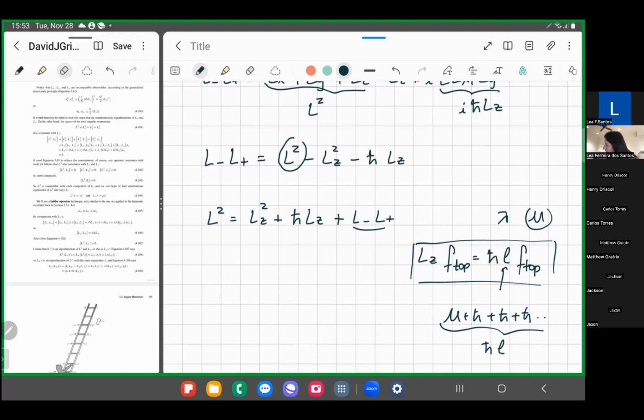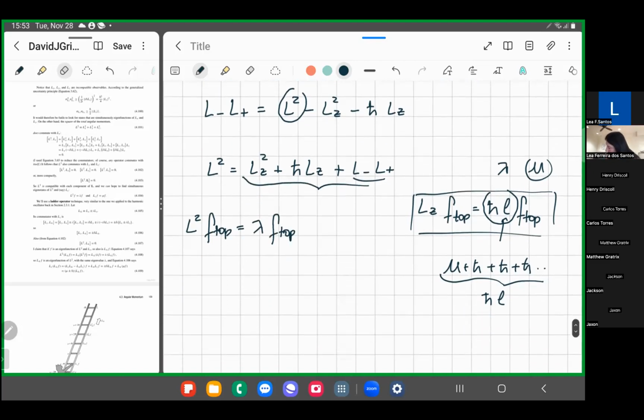Okay, so I'm trying to find this top eigenvalue. And on the L squared side, I know that it doesn't matter which function I pick, it can be the top, can be the bottom, can be any. This eigenvalue will be lambda. But I now wrote this L squared like this.